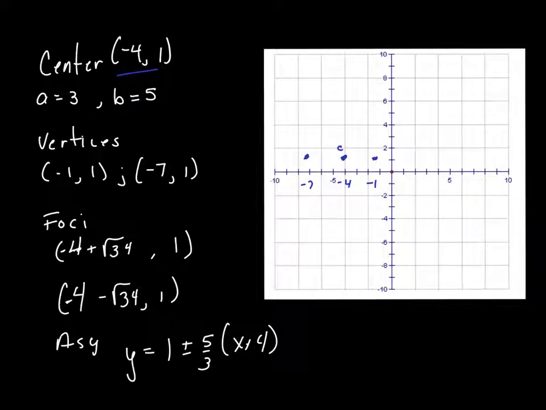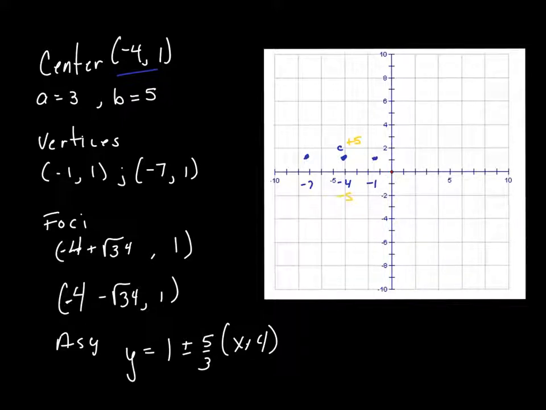All right, so the next thing I want to draw in here are my guide points for the rectangle that helps me draw this. From my center point, I want to go up B, so I want to go up 5, and then from my center point, I want to go down 5.